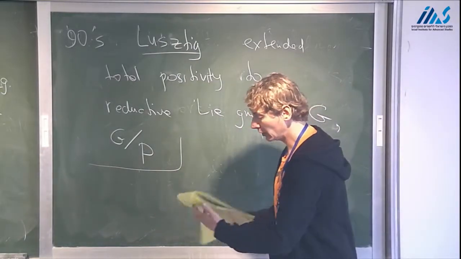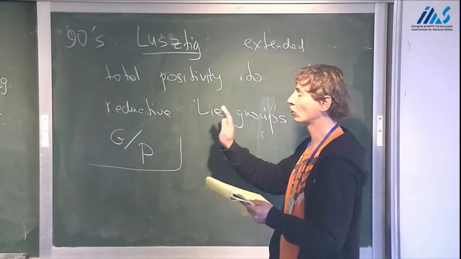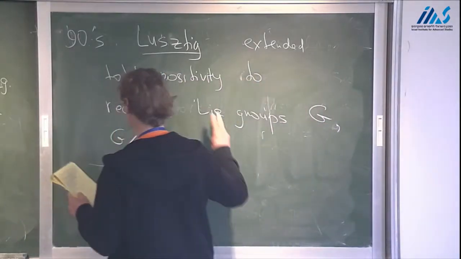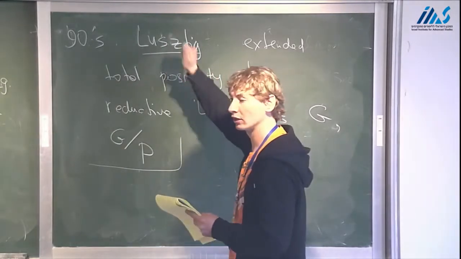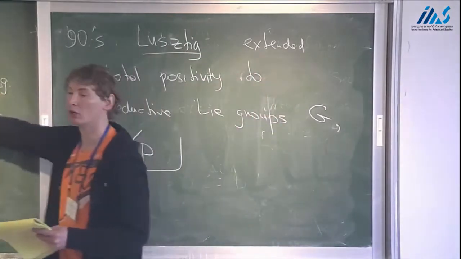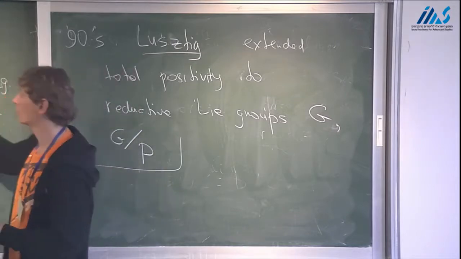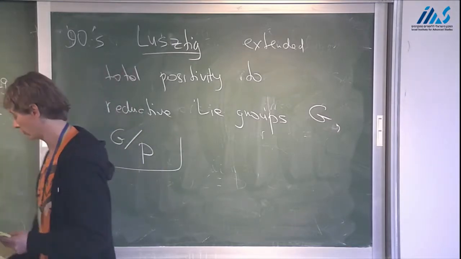Okay, now we're going to talk about the totally positive Grassmannian. And instead of going through the general Lie theoretic approach, I'm going to go back to the original elementary approach in terms of the minors of matrices.